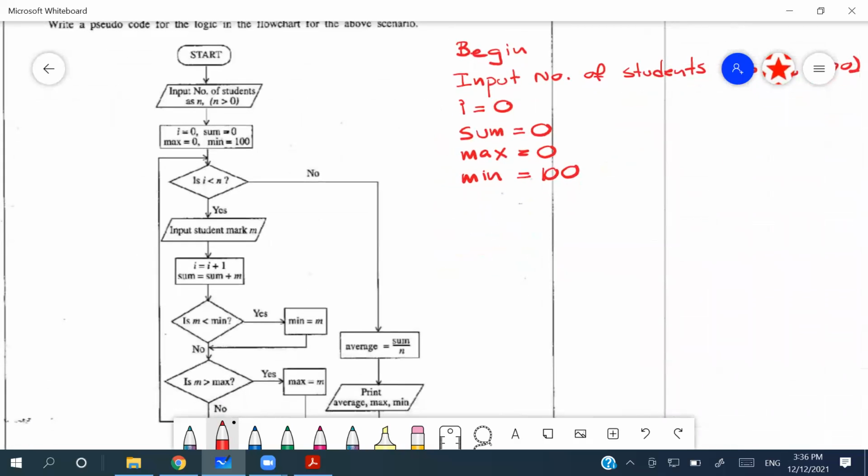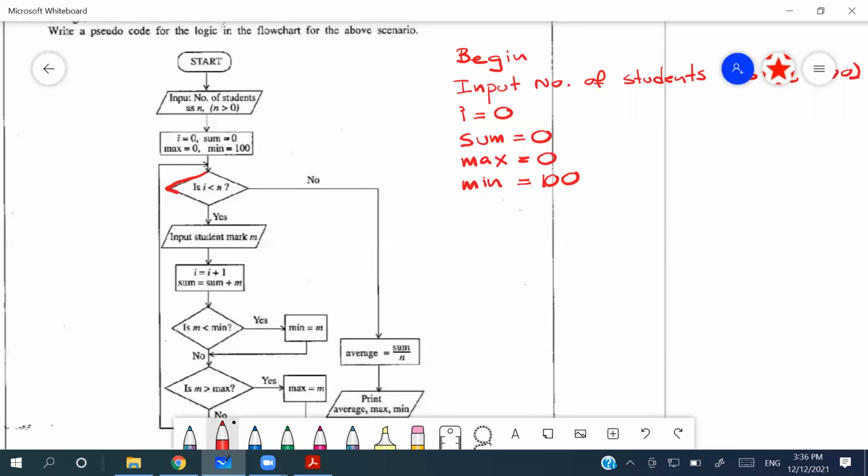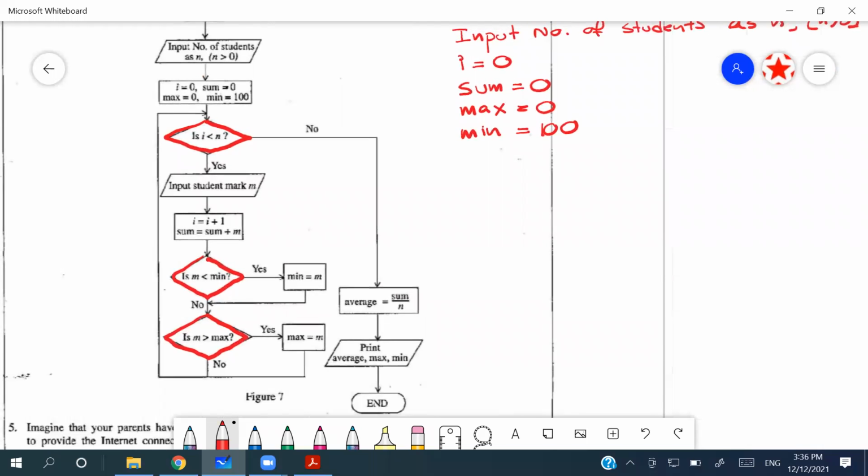And then, how many things did we get? We got a condition over here, as well as a condition over here, as well as a condition over here. From these three conditions, how are we going to figure out whether a particular condition is an iteration or a selection?